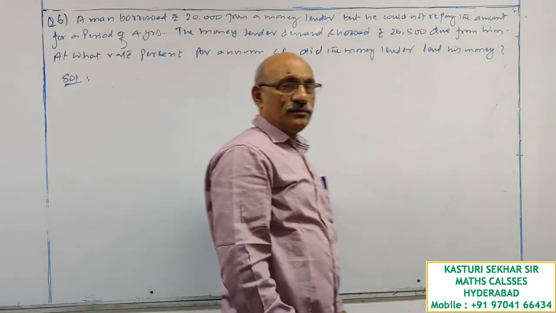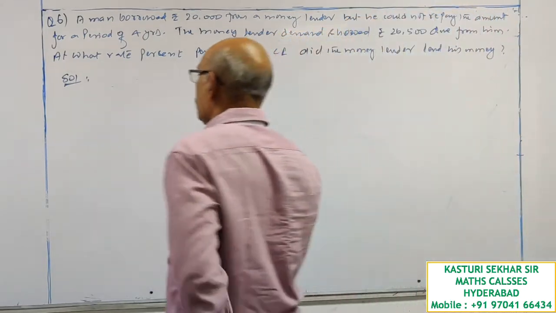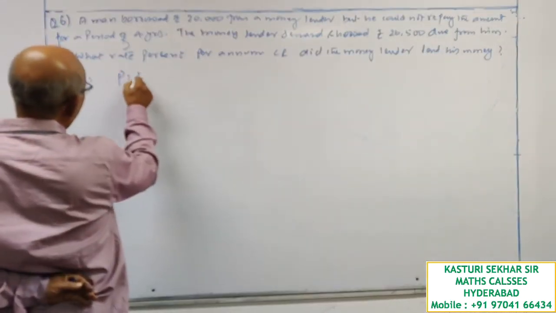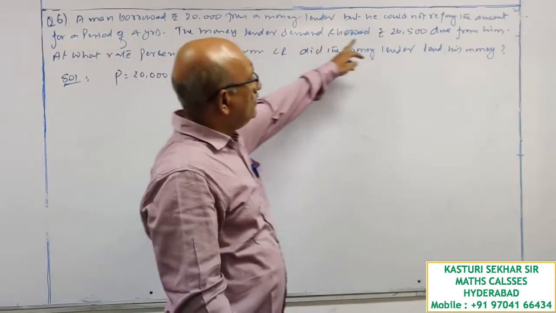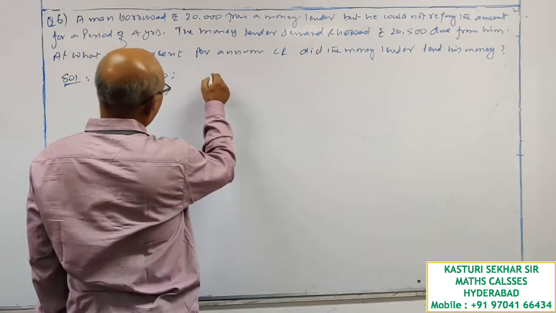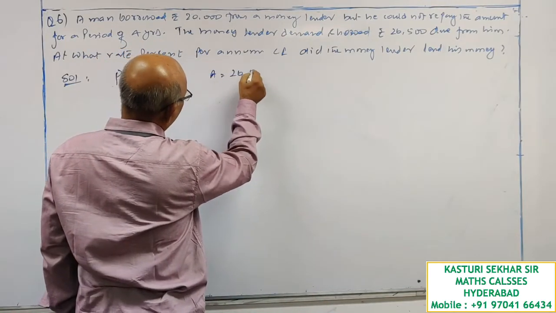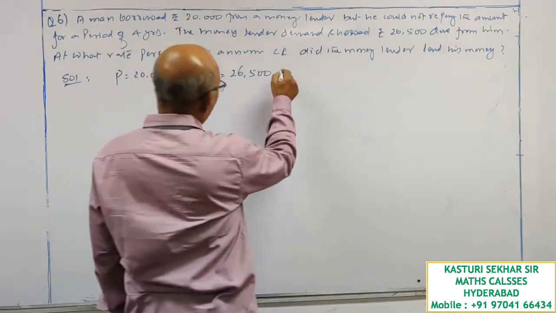Look at the question, sir. A man borrowed rupees 20,000. Principal is equal to rupees 20,000. And how much amount he has to pay? Amount is 26,500.